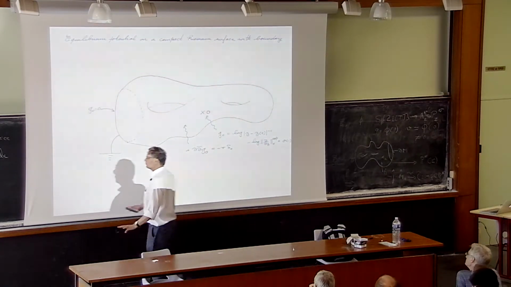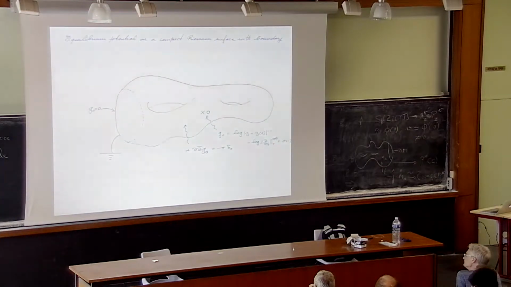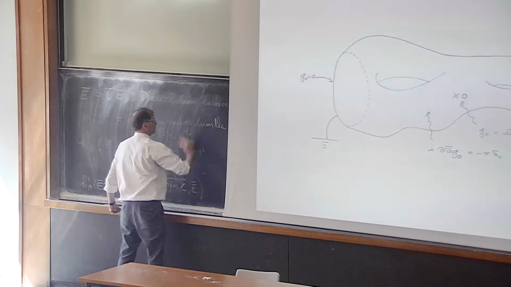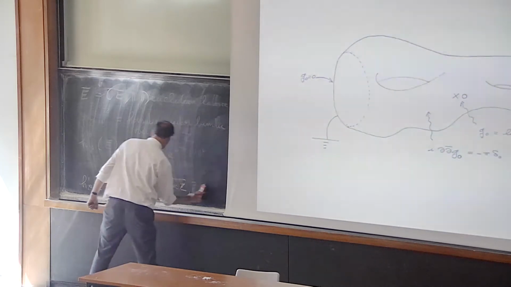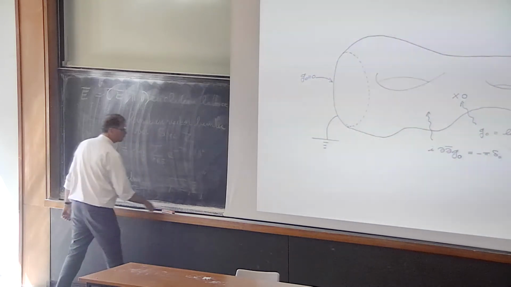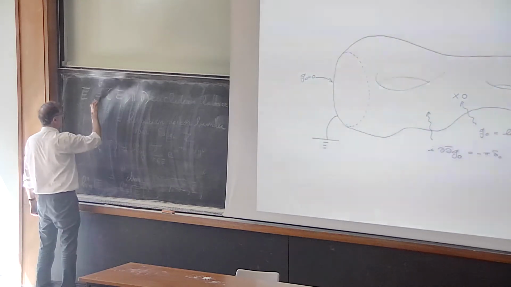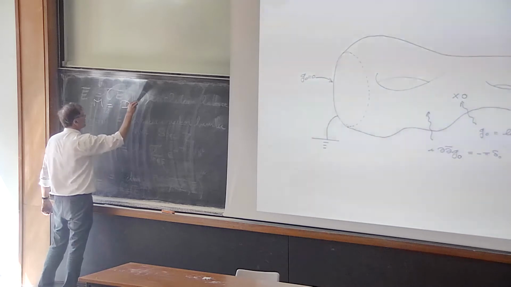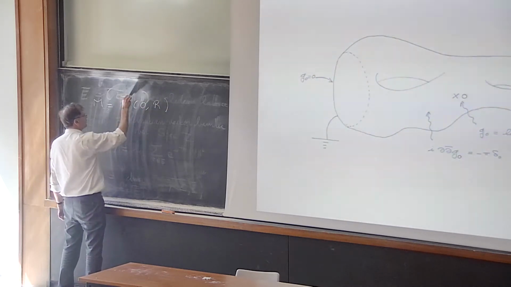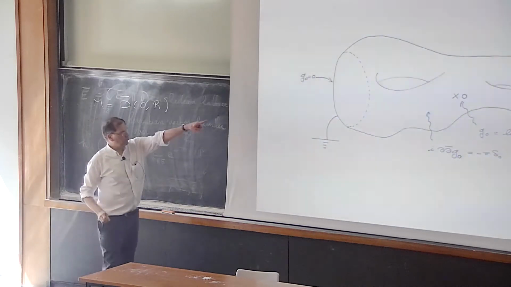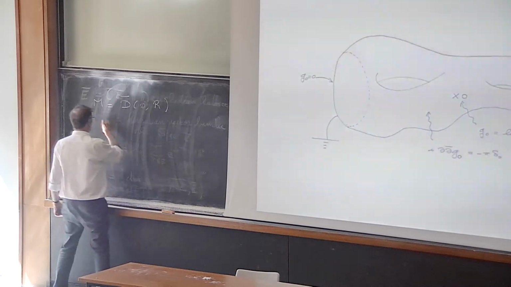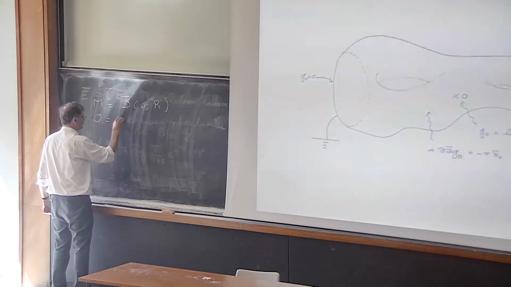So maybe I should do the computation in the case of the disk. For instance, take M, the closed disk of center 0 and radius r. Take for O the point 0.